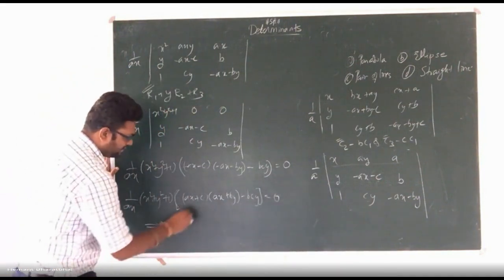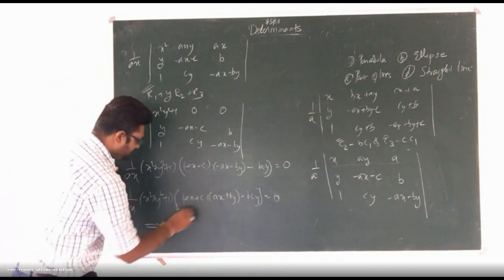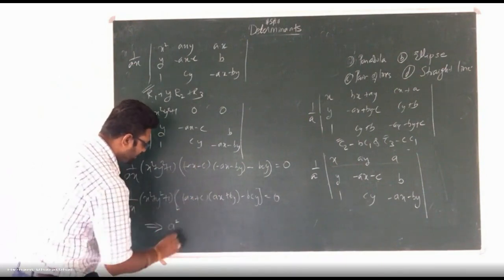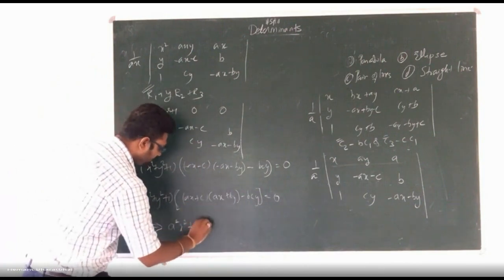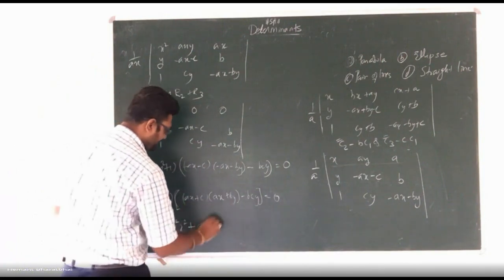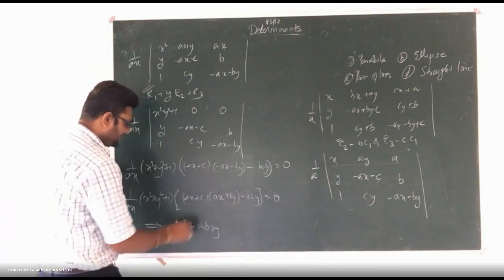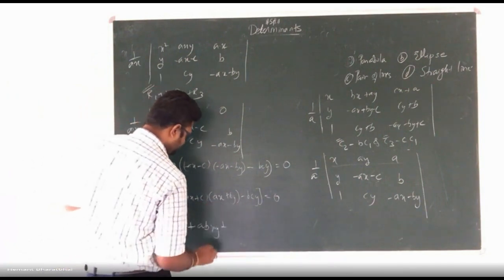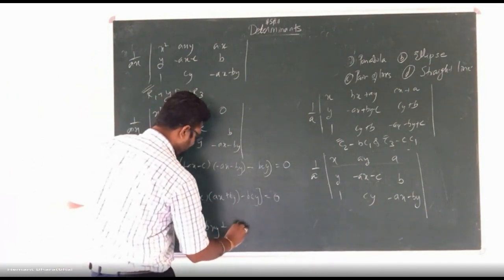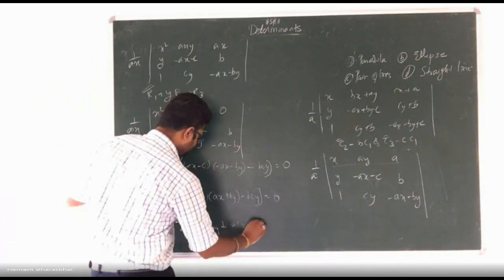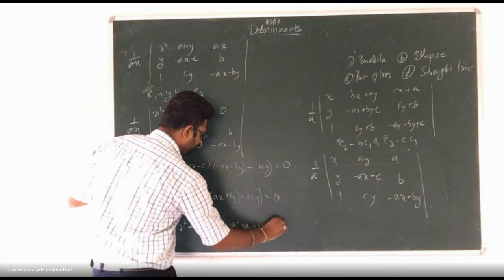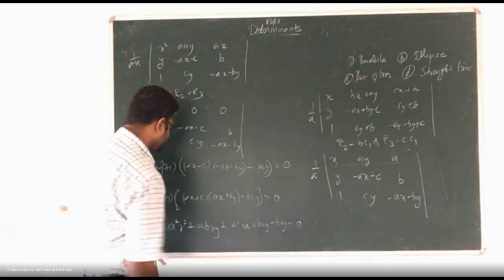So what will remain is, multiplying this, a square x square plus abxy, plus here c into this, acx, and here plus bcy minus bcy equals 0.